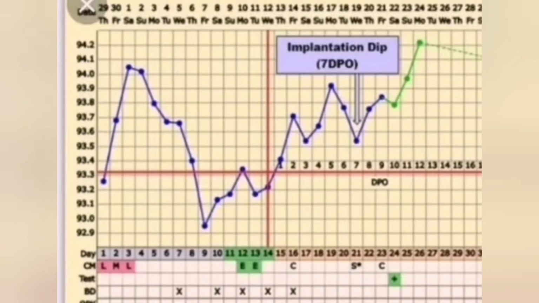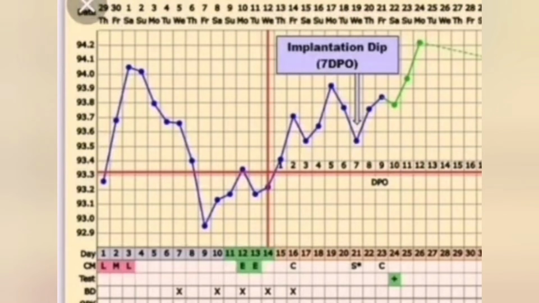Here you will see that on the particular day I ovulated, my temperature rose, then dropped a day after. Yes, on cycle day 12 my temperature rose, then dropped to 93.1 on cycle day 13. This dip indicates that I have ovulated.